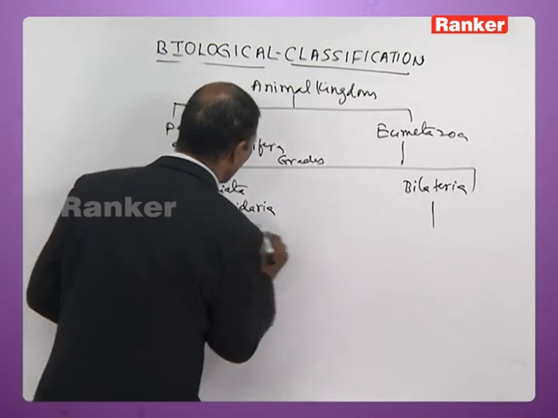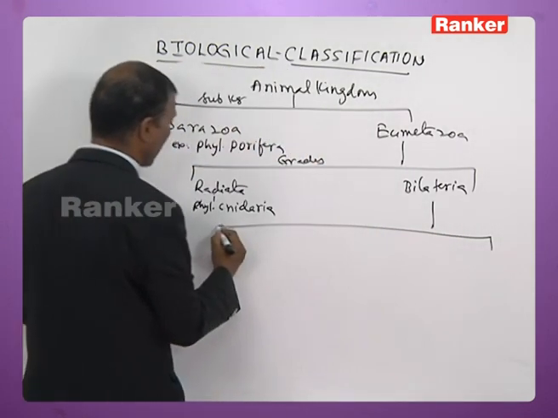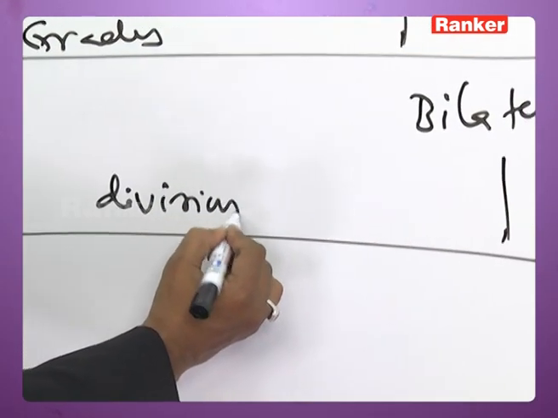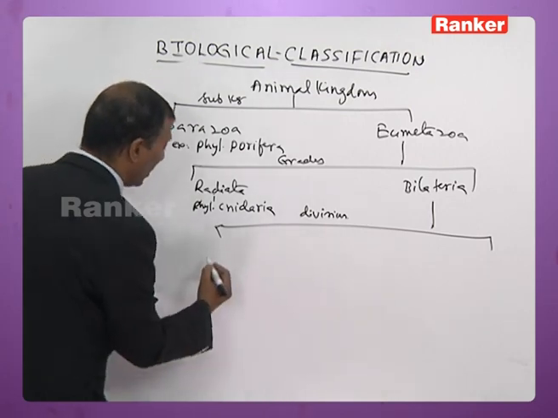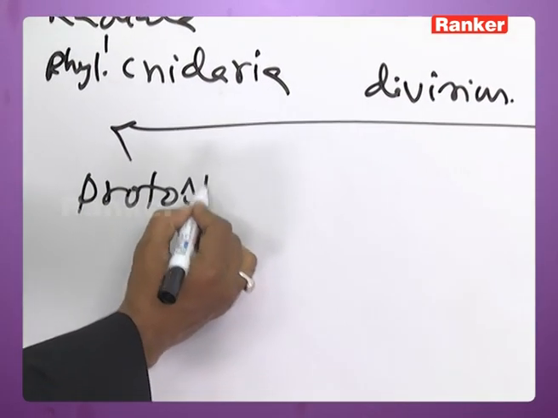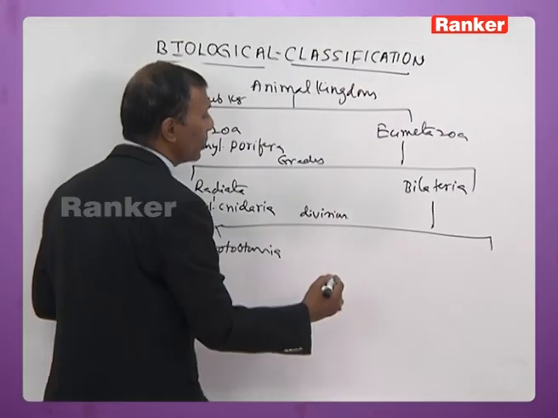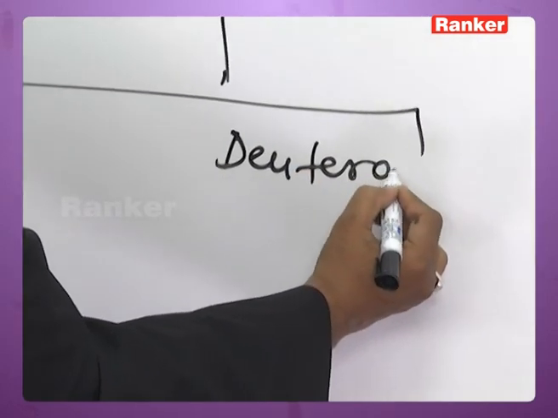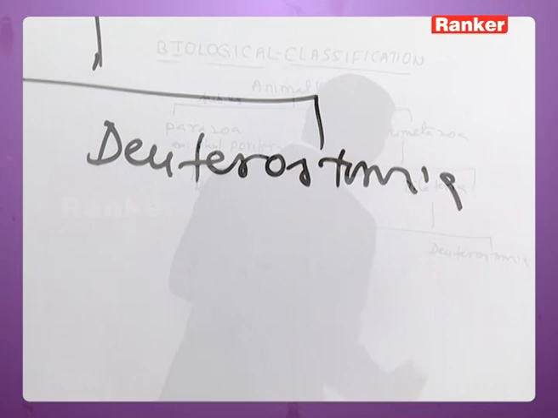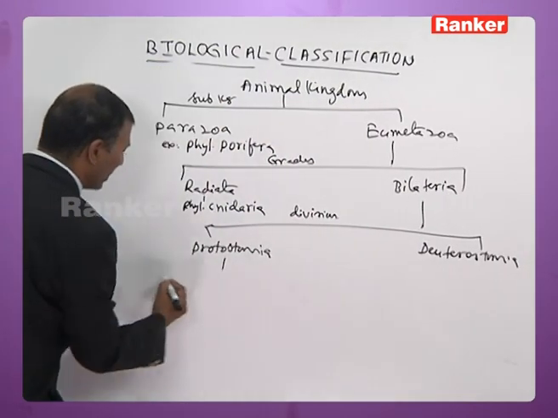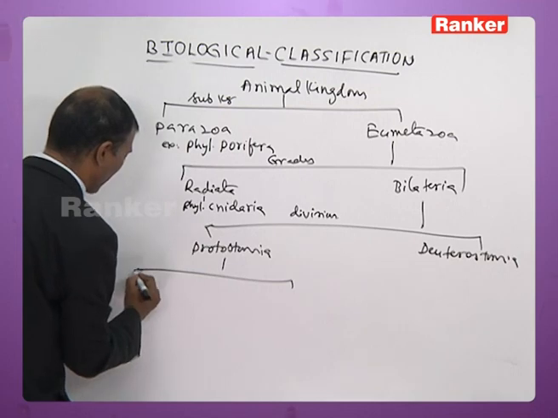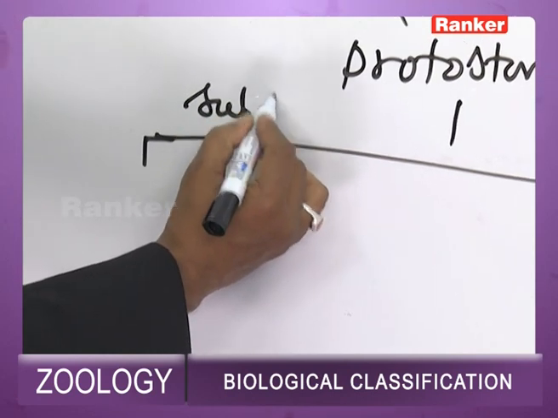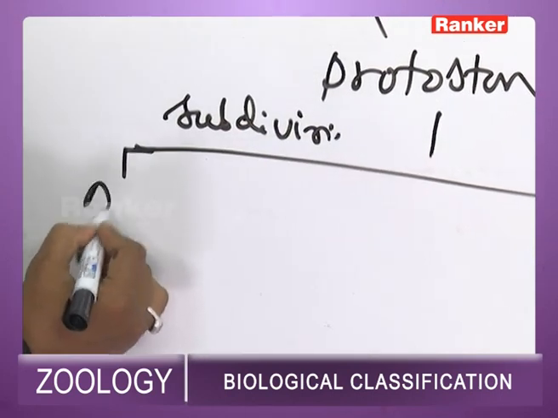Bilateria is again divided into divisions. You have protostomia, deuterostomia. Now under protostomia there are subdivisions. Subdivision Acoelomata.